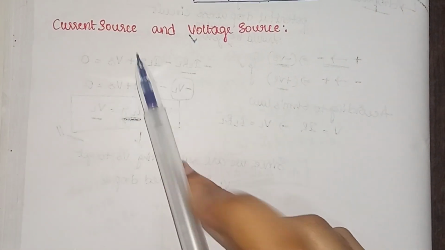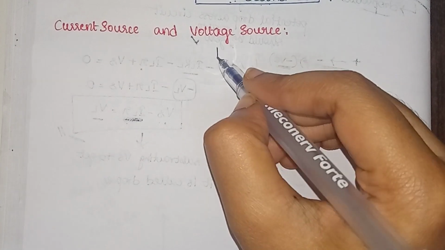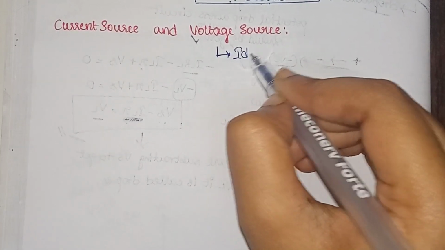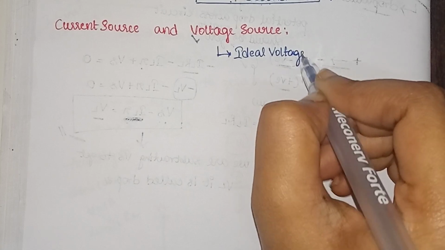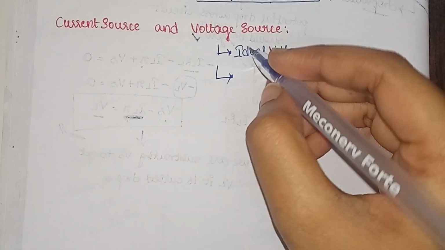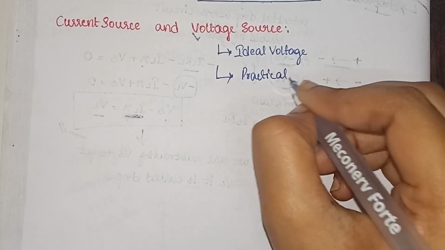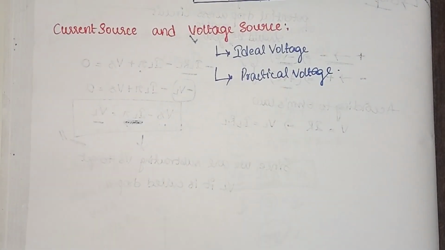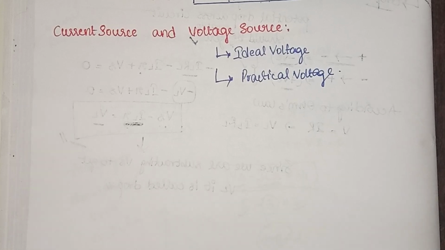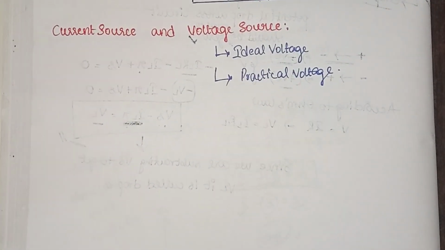So now we already know about this voltage source part. It has two combinations, which is ideal voltage and the other one is practical voltage. So in this particular case, ideal situations do not exist.